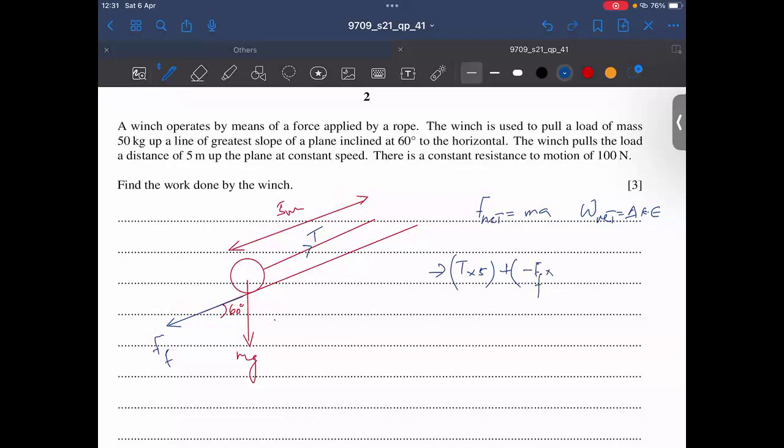And that is 100 times 5. And then we have the work done by the component of gravity.